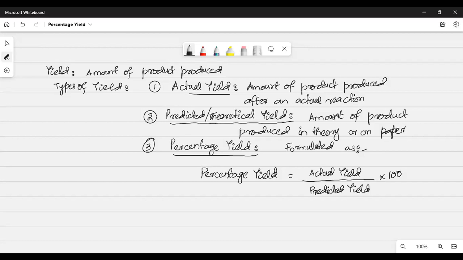Okay. So I usually tend to write it as AY over TY into 100 in order to get your percentage. I tend to write it as percentage Y. This is my shorter way of writing the whole thing.